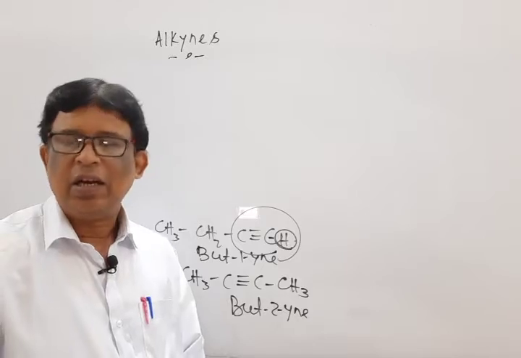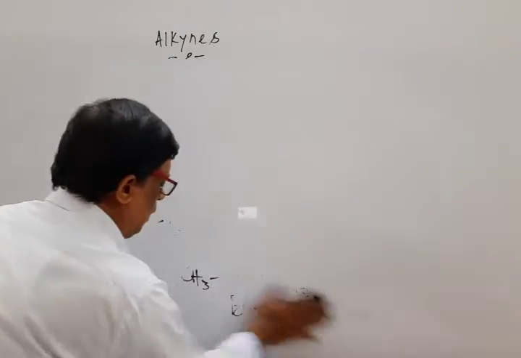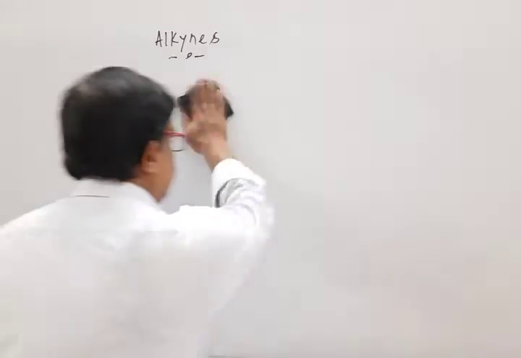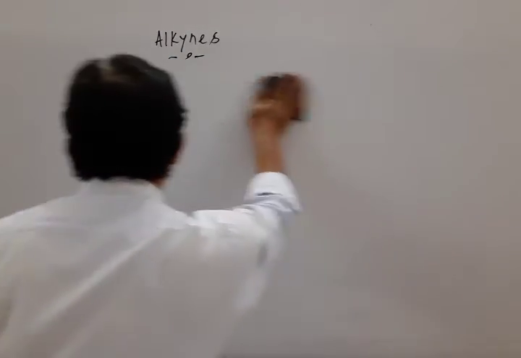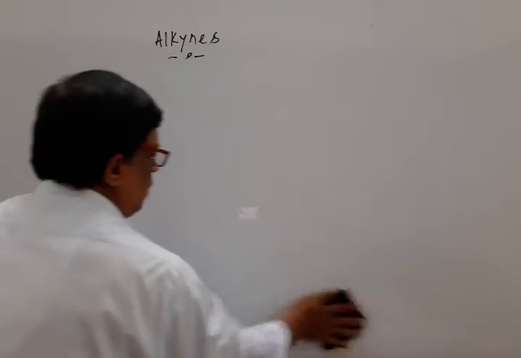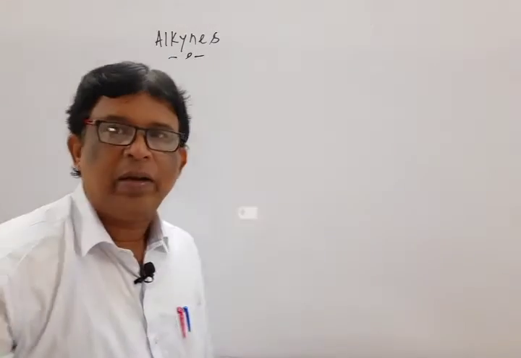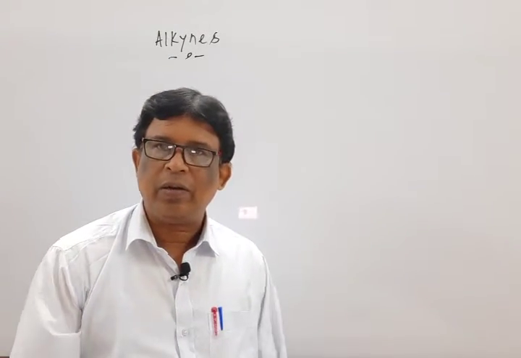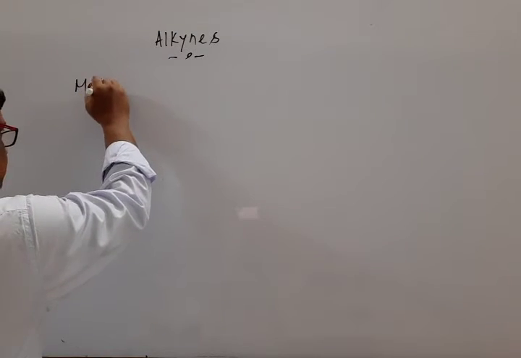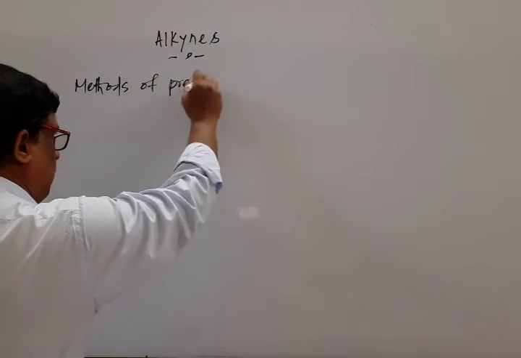Okay. Next, switch over to the method of preparation of alkyne. So many methods are there. We discuss one by one. The first method, that is the laboratory method of preparation, is prepared from calcium carbide by the action of water. Mark that, first method, methods of preparation.